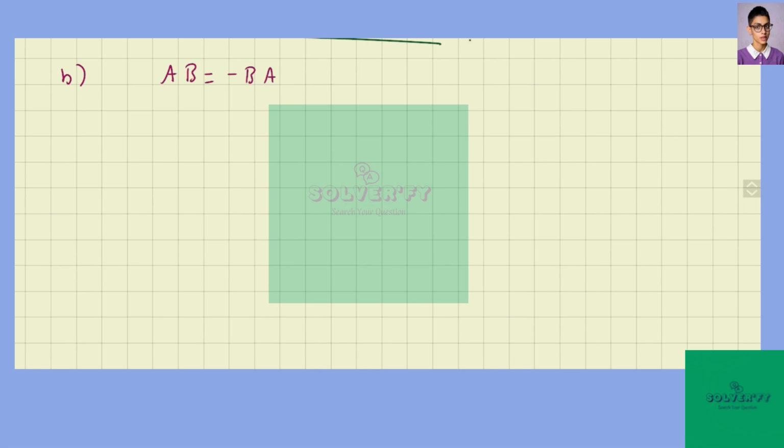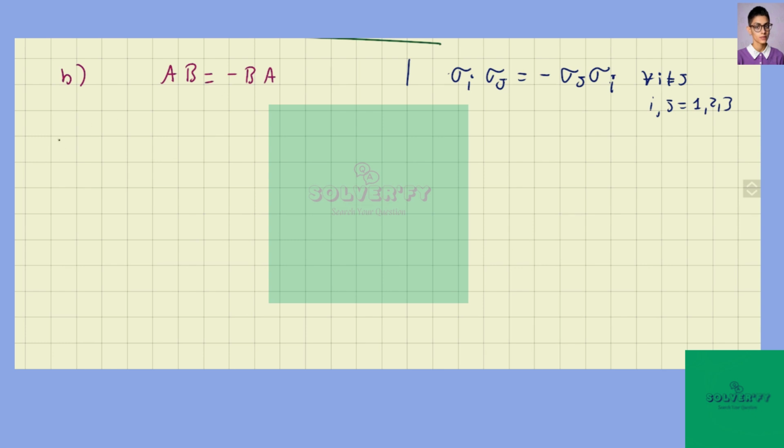And we know that the Pauli matrices satisfy this property, because sigma i sigma j equals minus sigma j sigma i for all values i different from j, and clearly i and j can take values of 1, 2, and 3.